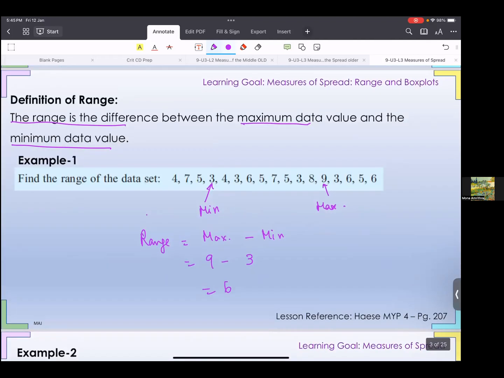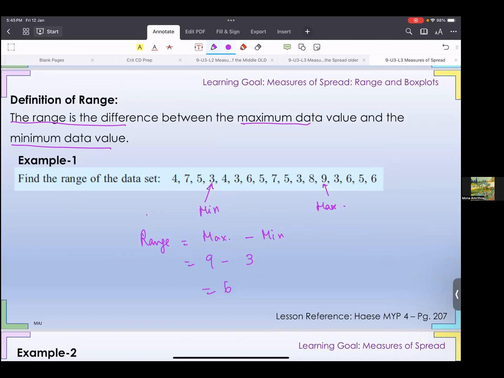So the range is one of the definitions of the spread in data. Range is the difference between the maximum data value and the minimum data value. In this case, the maximum here is 9 and the minimum is 3. So the range is the maximum value minus the minimum value. So 9 take away 3 is 6.